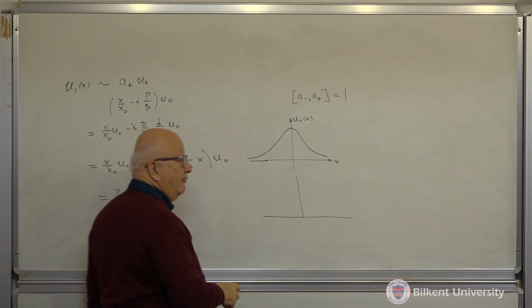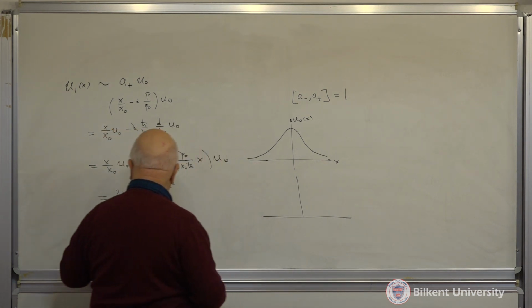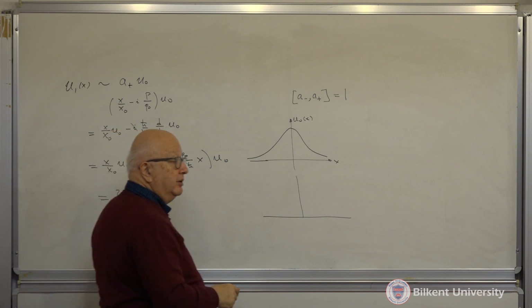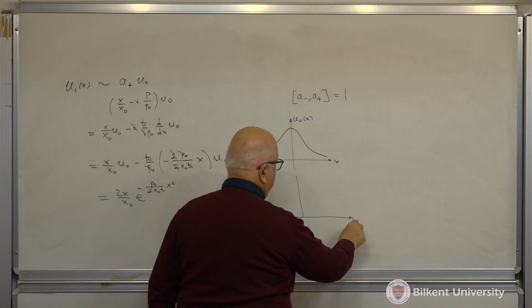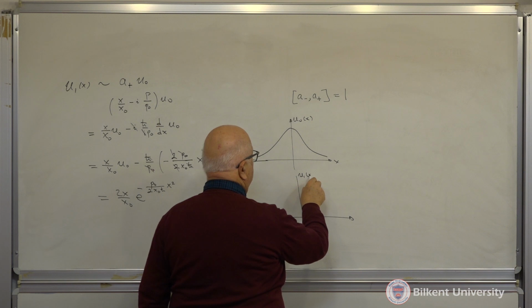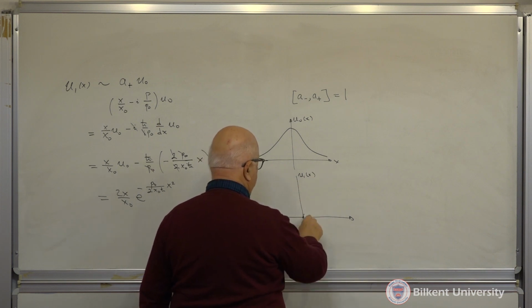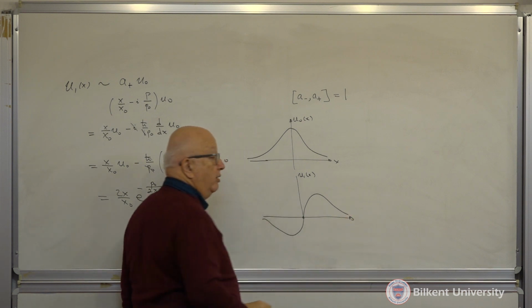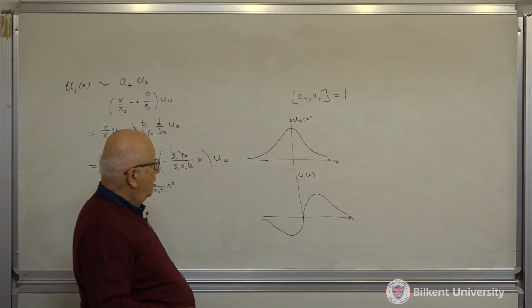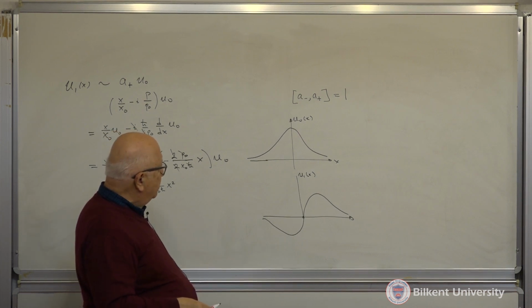It's again going to have the Gaussian, but it will also be multiplied by x. So u1 of x is going to do something like this. Now you can sort of guess what u2 will do.